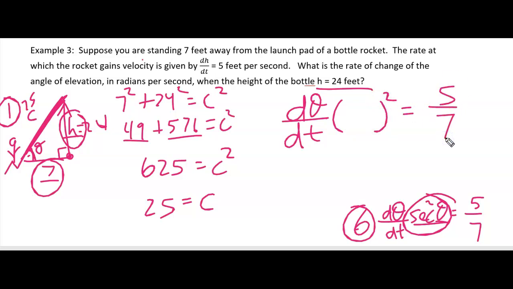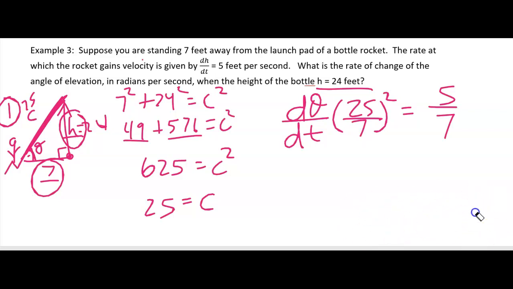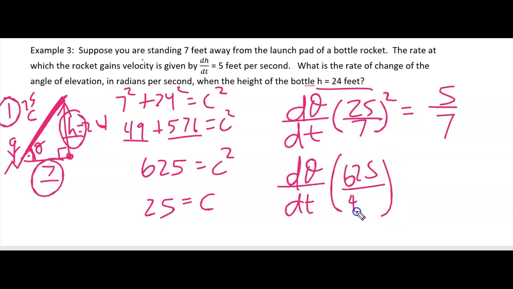What is secant? Secant is 25 over 7, hypotenuse over adjacent. Now it's being squared because it's secant squared, right? All right. So now we have d theta dt, and this one's going to be 625 over 49.